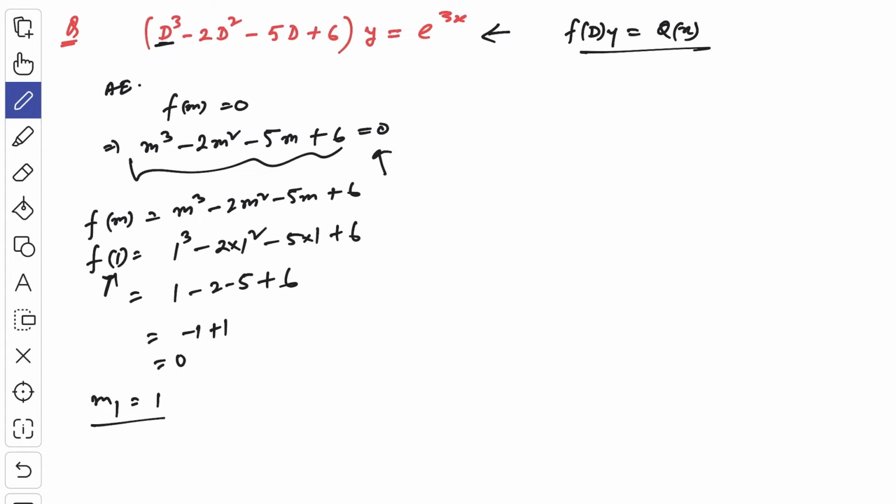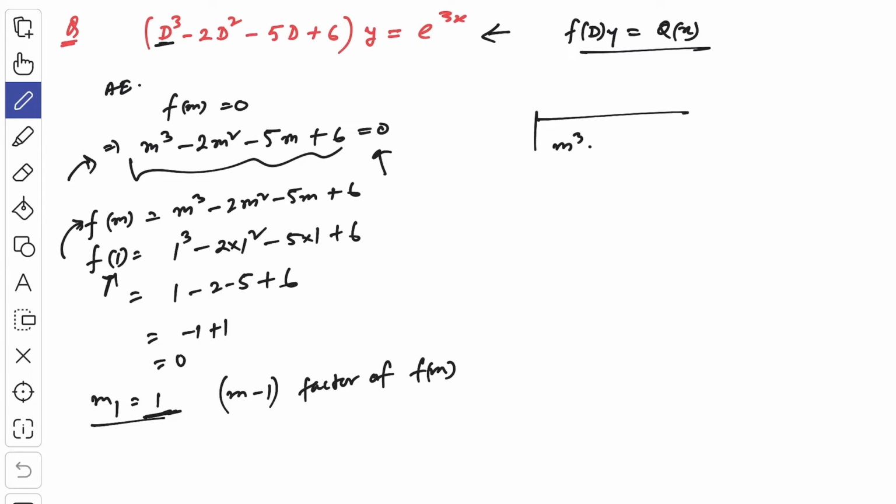Now, if m is equal to 1 is a root of this auxiliary equation, then m minus 1 must be a factor of f of m. So if you divide m cube minus 2m square minus 5m plus 6 by m minus 1, what will you get?